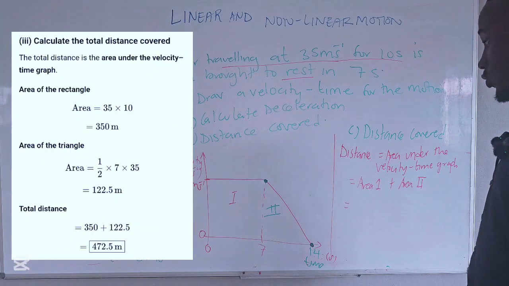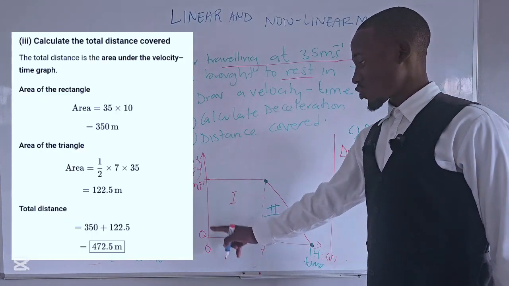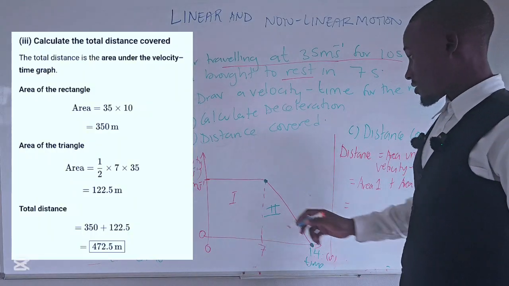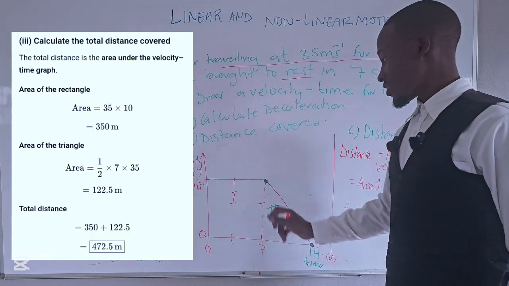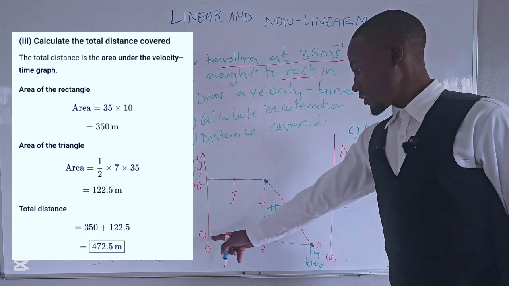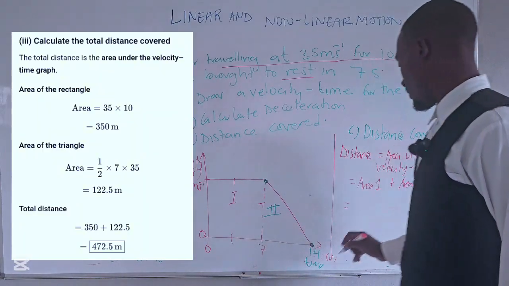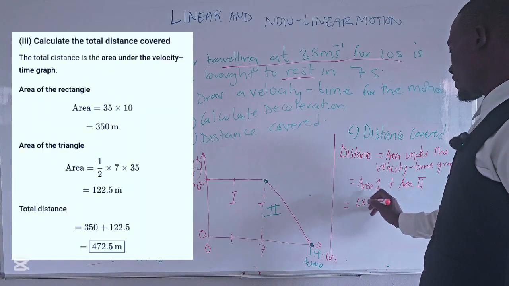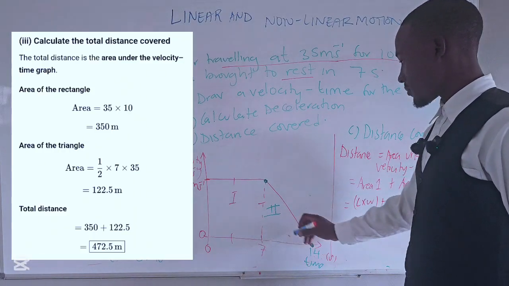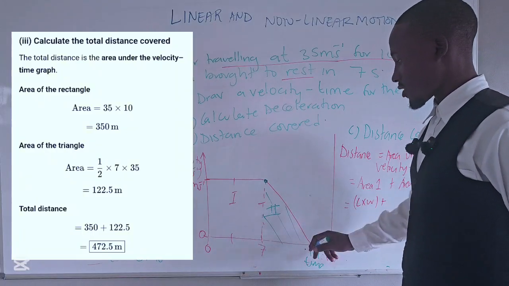So the area of part 1 is this, and this is a square, as you can see. We don't know whether it is a square, but it looks to be a square or a rectangle or whatever, but the area will be this length times this width. So the length times the width, plus this shape here is a triangle.